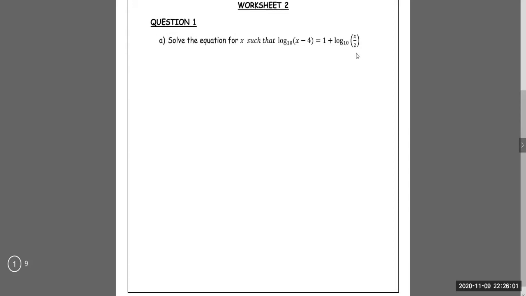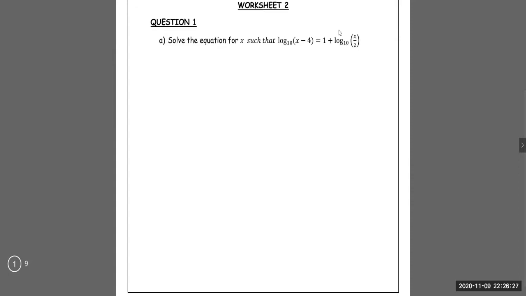Sir, because that's... Okay, so would we distribute log to base 10 across x minus 4? All right, so there are two ways we can do this. We're trying to solve for x, right? But notice with this equation, we have logs right here, we have log right here, we have a number right here. So in order to solve a log equation, we need all of the log info on one side and the numbers on the other side, don't we? Yes, sir. So let's bring over this now.